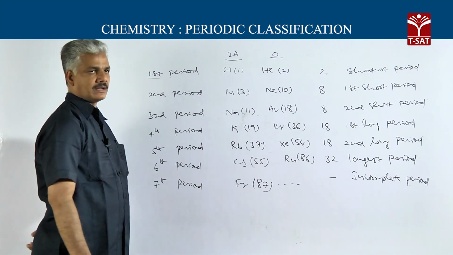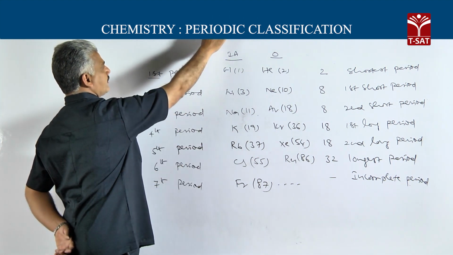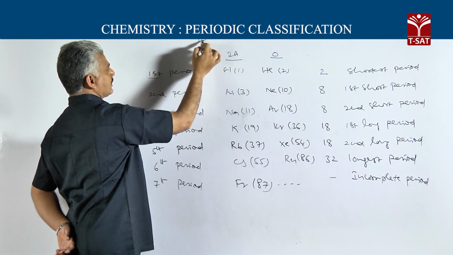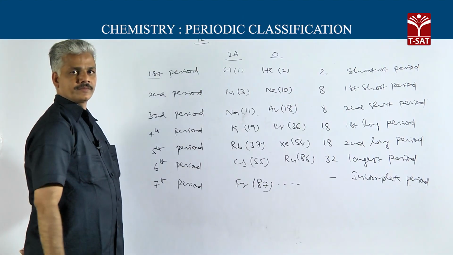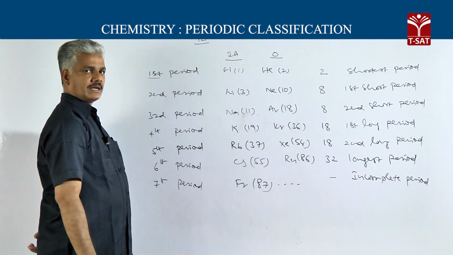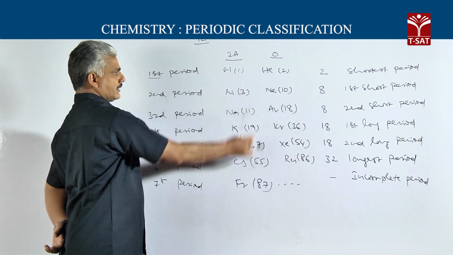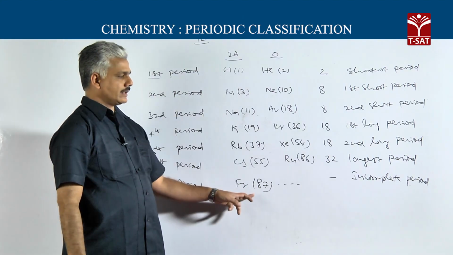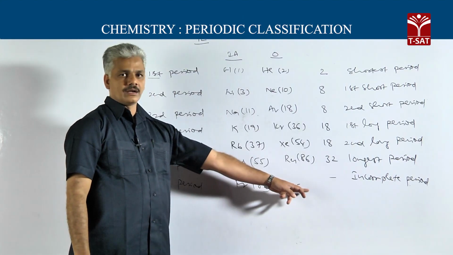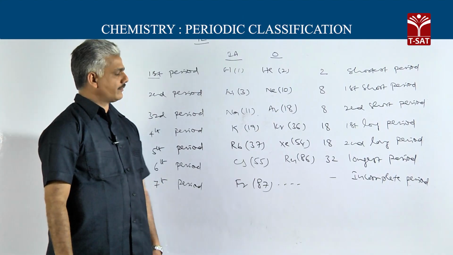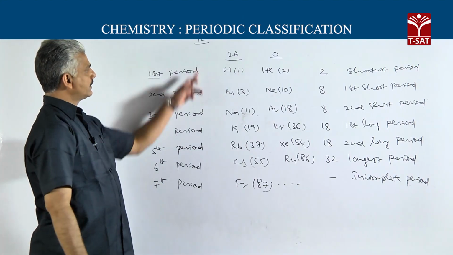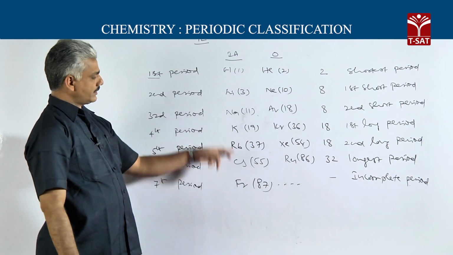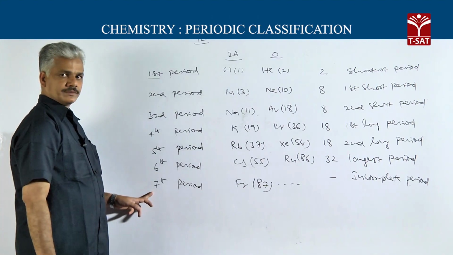Say for example, what is the period number of an element with atomic number 92? You can easily identify it by remembering the range. 92 comes in between 87 and 110. So, the element with atomic number 92 belongs to the 7th period.